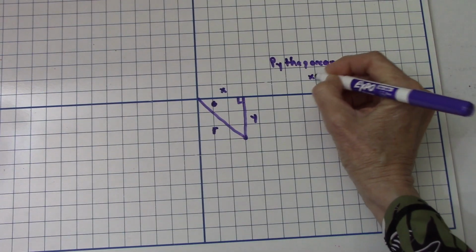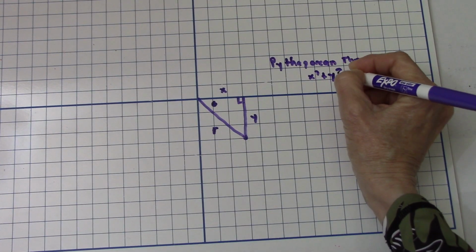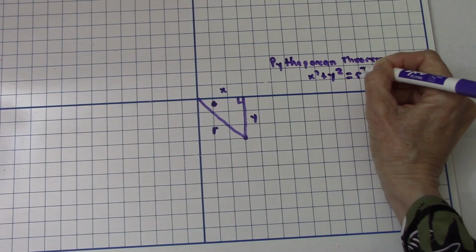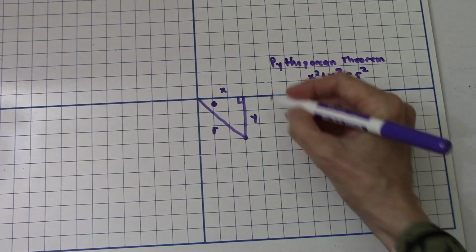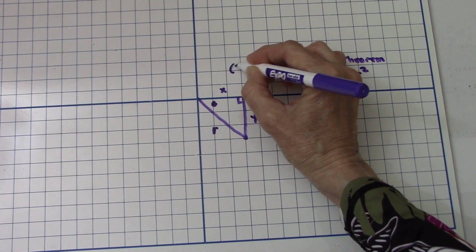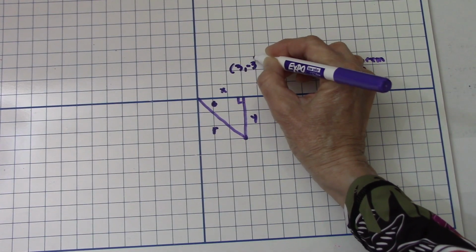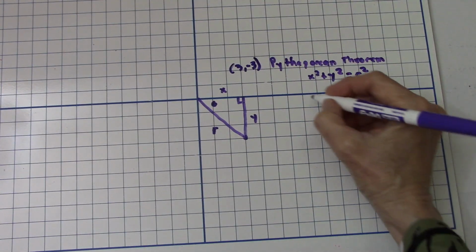So I know that x squared plus y squared equals r squared. So my x is 3. Oh, I forgot to label the point. Sorry about that. My point is (3, -3), so x is 3.